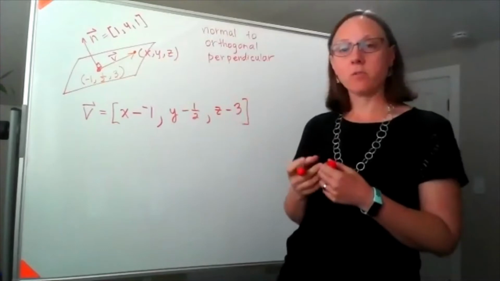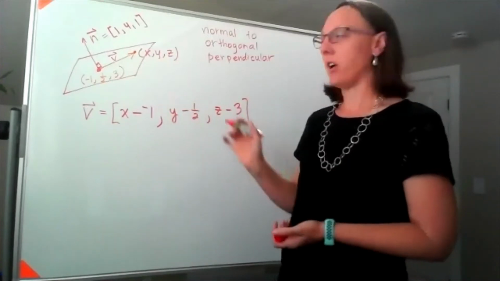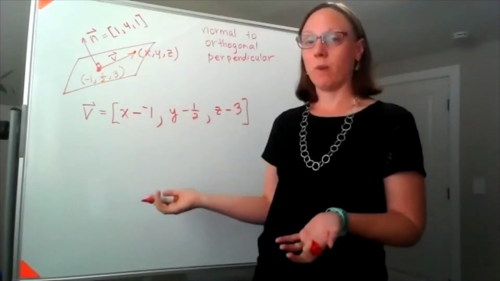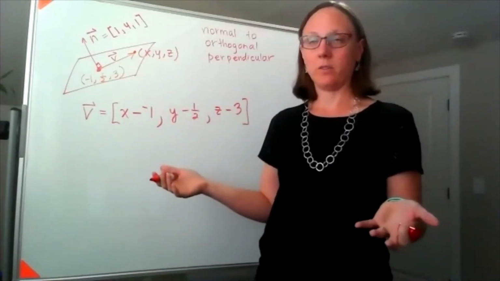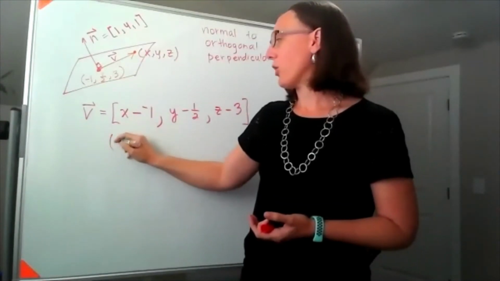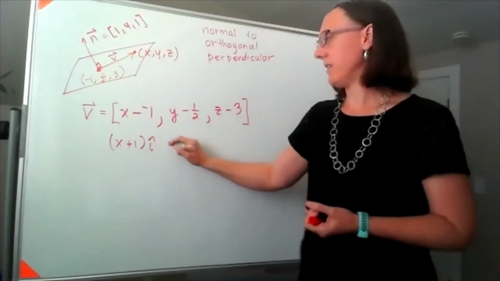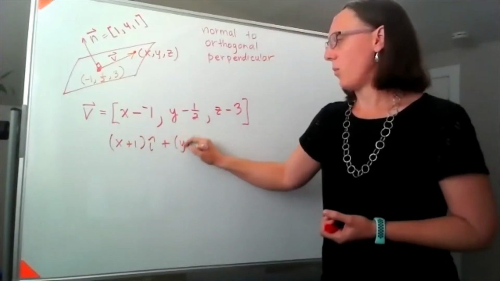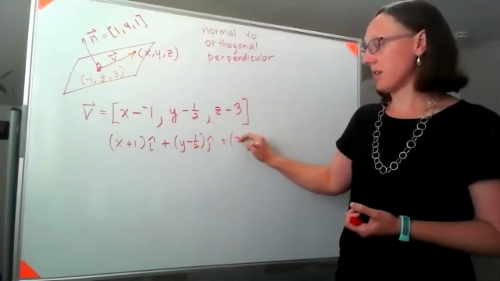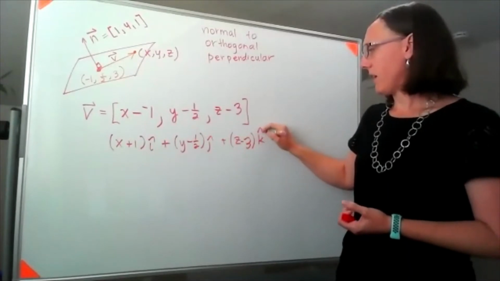And I was using that phrase i, j, and k. I know that there have been some other homework problems. If I wanted to write this using standard basis vectors, then that would look like x plus 1 i hat plus y minus 1/2 j hat plus z minus 3 k hat.